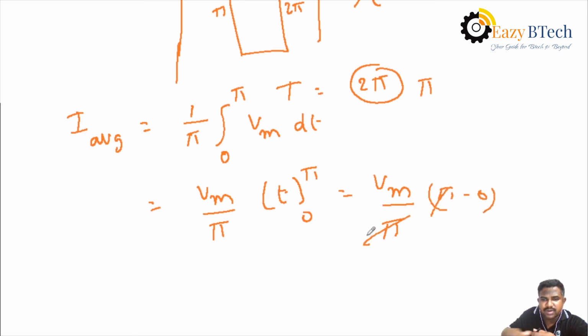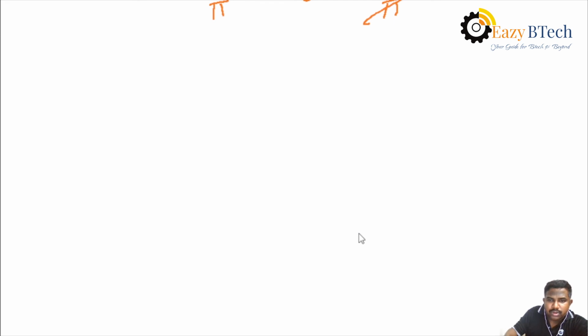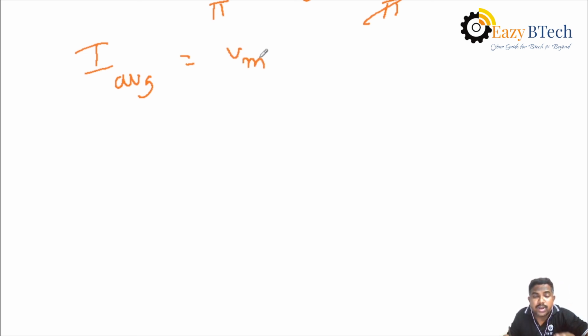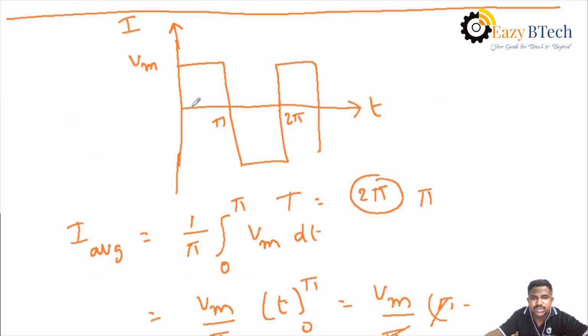Then pi will be cancelled. Therefore, for the square waveform, the average value will be Vm. That is only by taking the maximum value given in the problem, that is the average value for the square waveform.